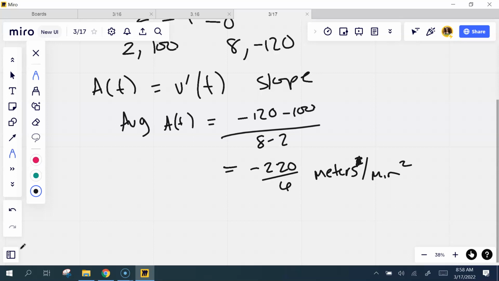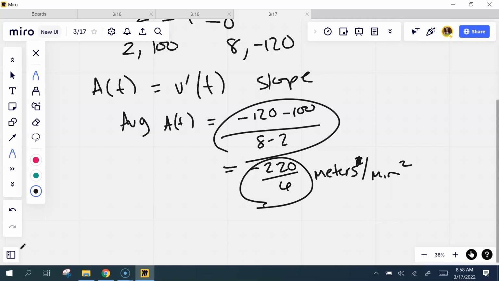Yes, keep dividing. That was 1 point. This one just said the average acceleration was a point. Since this was just 1 point, you probably got it even if you didn't. So if somewhere on there you have this or this, I would say you got your point, or if you even simplified it even further.